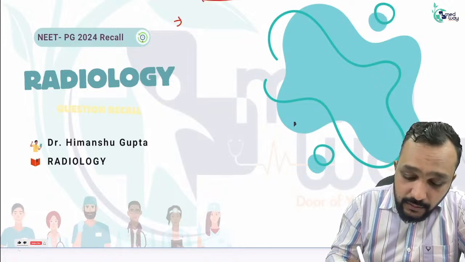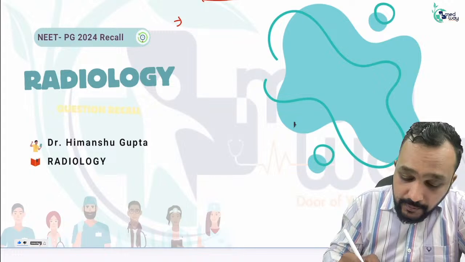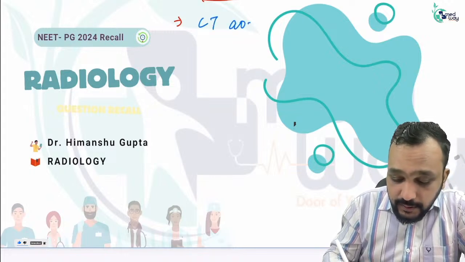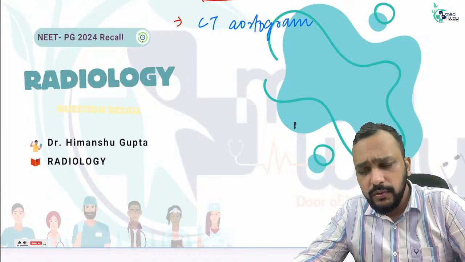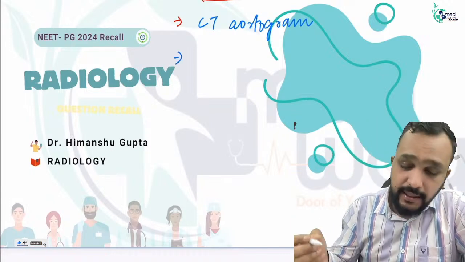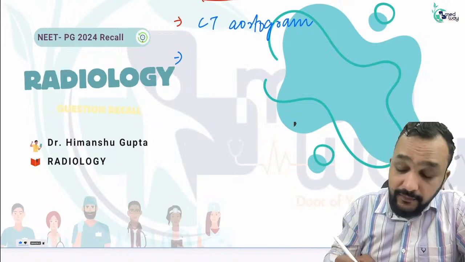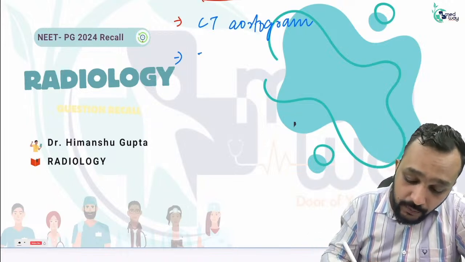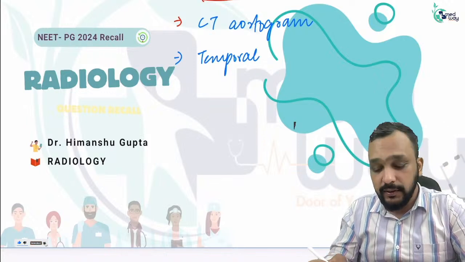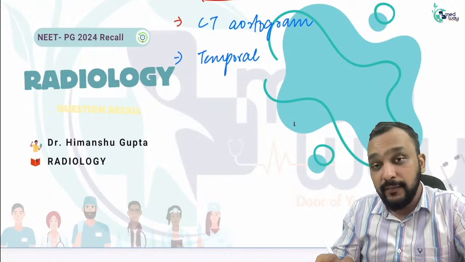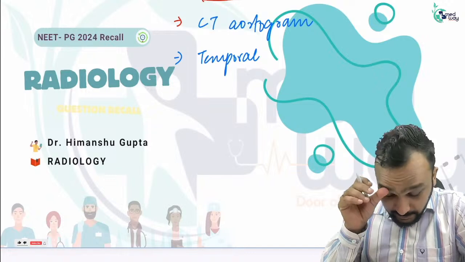Then if I talk about CT aortogram, images are being asked. So an image of aortic aneurysm was given to you. So again, this is important. Then you have images from the temporal bone. So definitely, if I talk about radiology, the exam was not very simple, not moderate.